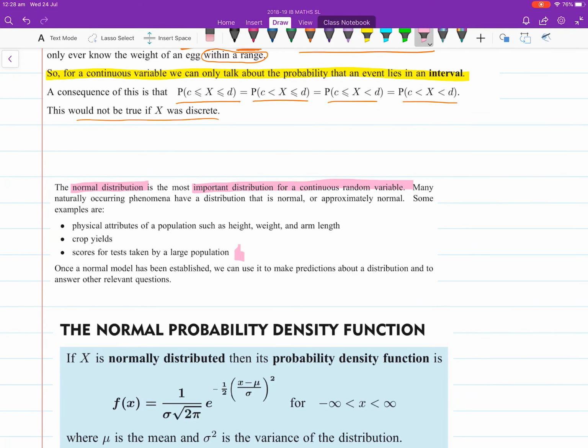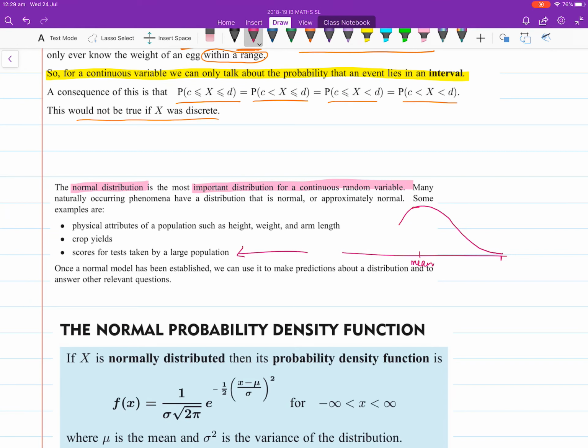And the easiest one to think of is probably the test one. So you can imagine if you did a test in class, and then you put out the results, and if this is the mean in the middle, most people get around the average or the mean, right? And then less and less people get a high mark, and very few people get a super high mark, right?